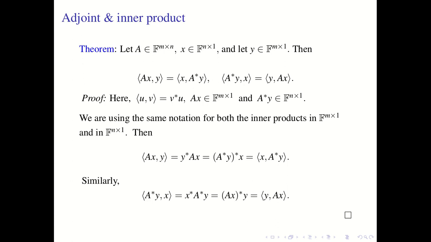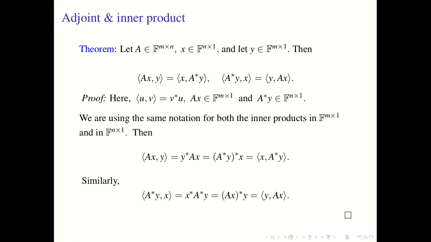The proof is immediate from the definition. If I take A in F m cross n and x in F n cross 1, the vectors Ax and y both are in F m cross 1. So therefore we can write the inner product Ax comma y as y star Ax.